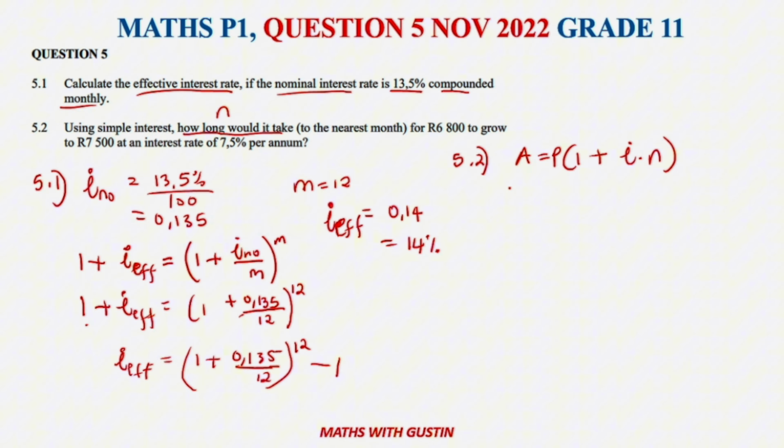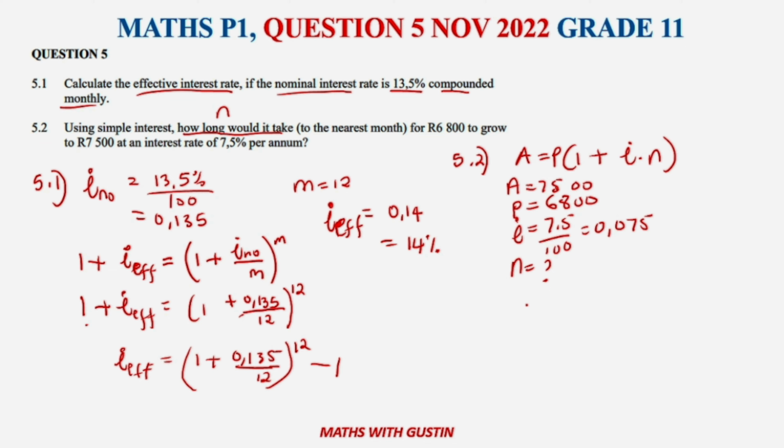So let's come here. Our A is the future amount, which is the final amount, 7,500. P is equal to 6,800. Therefore our interest rate is given by 7.5 divided by 100, which gives us 0.075. And we don't know what n is; we're looking for n.